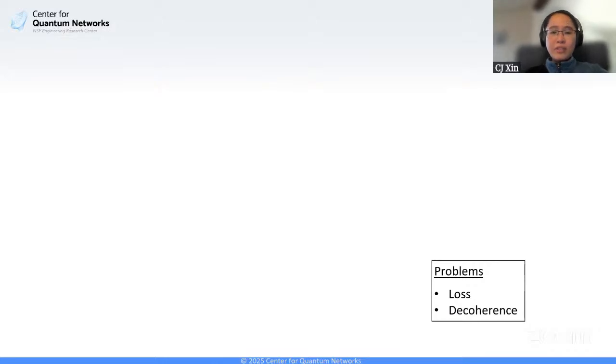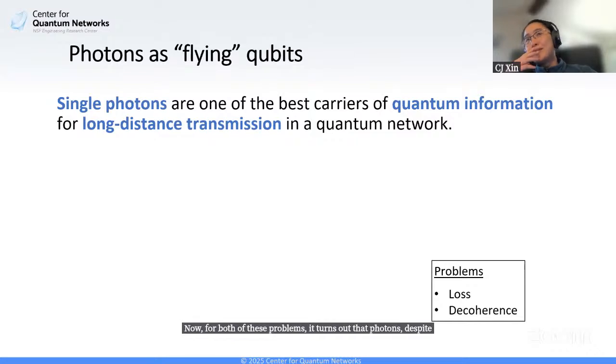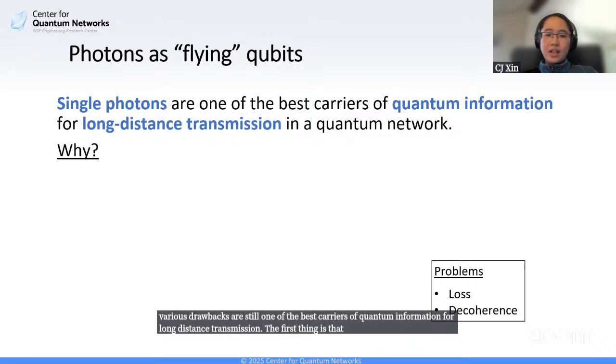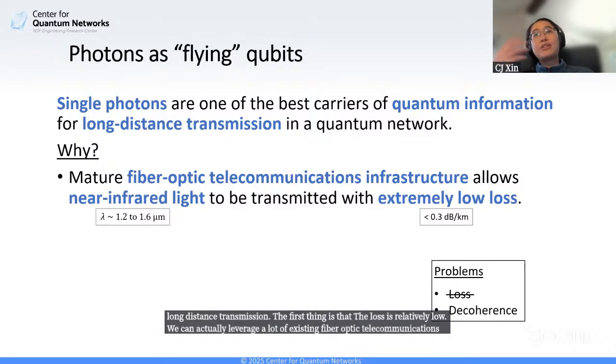Now, for both of these problems, it turns out that photons, despite their various drawbacks, are still one of the best carriers of quantum information for long distance transmission. The first thing is that the loss is relatively low. We can leverage a lot of existing fiber optic telecommunications infrastructure that allows near infrared light.